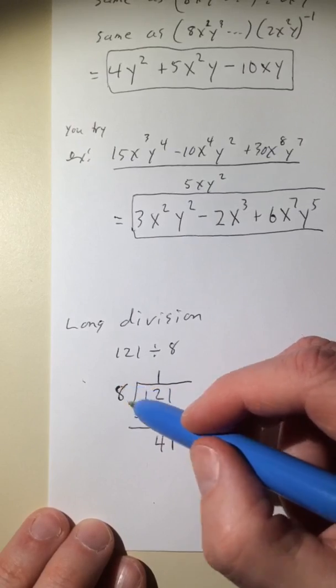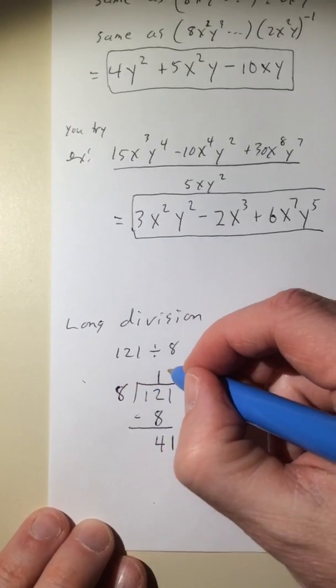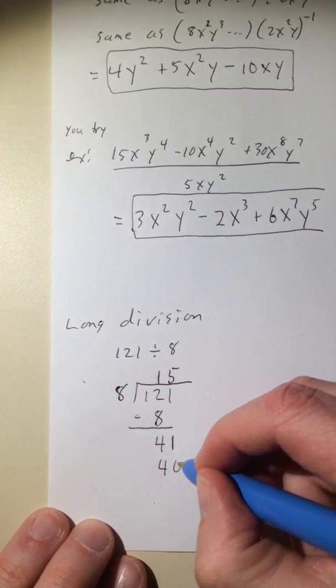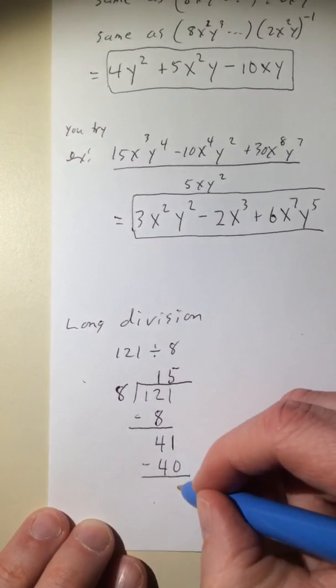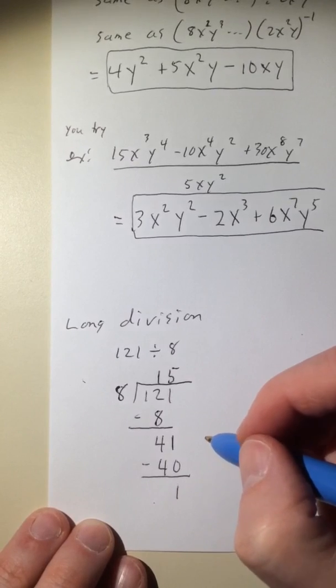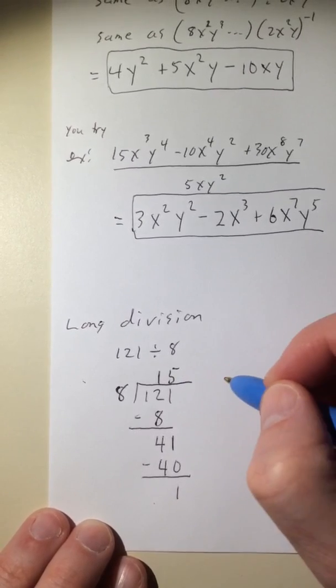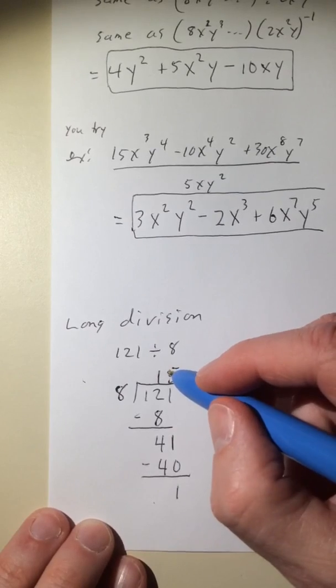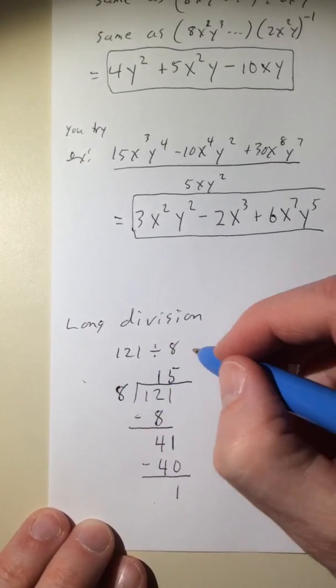And that is obviously going to be 5, so 5 times 8 is 40. And we subtract, and we have 1 left over. And so we could write 15 R1 for remainder 1, or we could write 15 and 1/8.